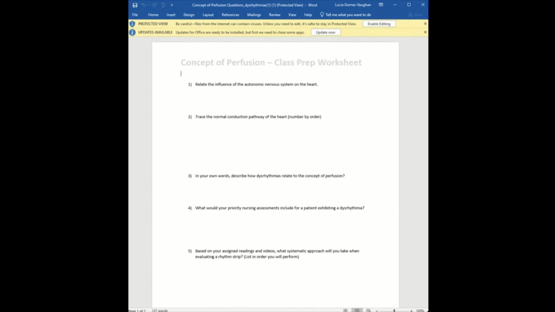For example, vagus nerve stimulation causes a decreased rate of the SA node firing and slowing impulse conduction of the AV node, whereas sympathetic nerve stimulation increases SA node firing, increases AV node impulse conduction, and increases cardiac contractility. So sympathetic is increasing it and the parasympathetic is decreasing it.